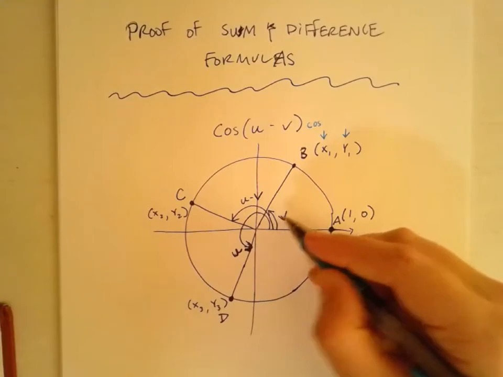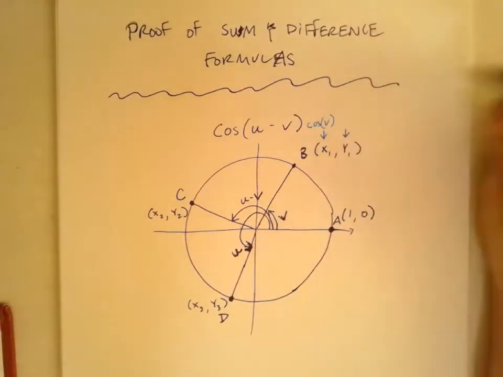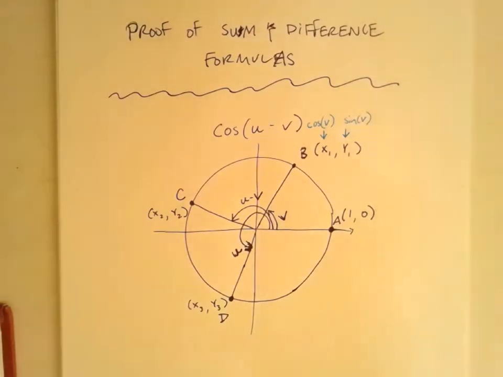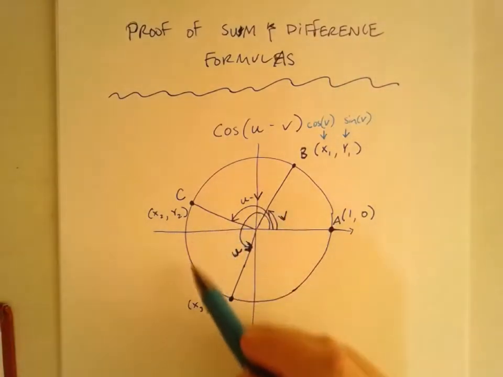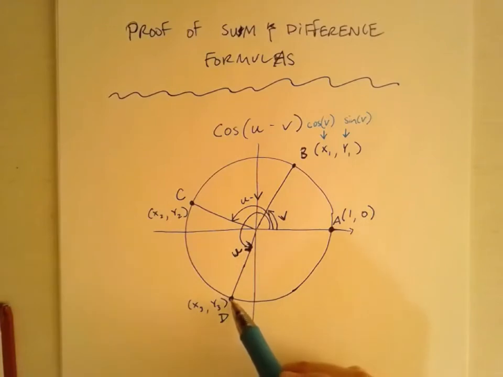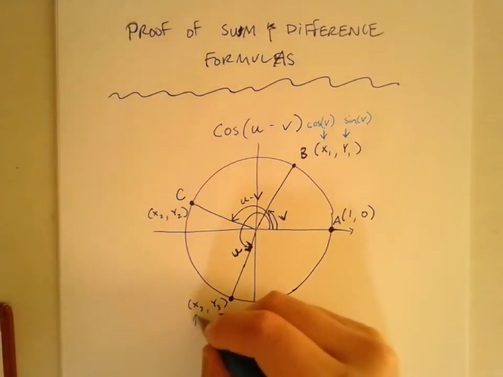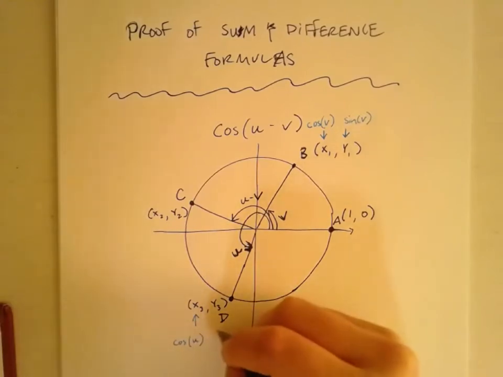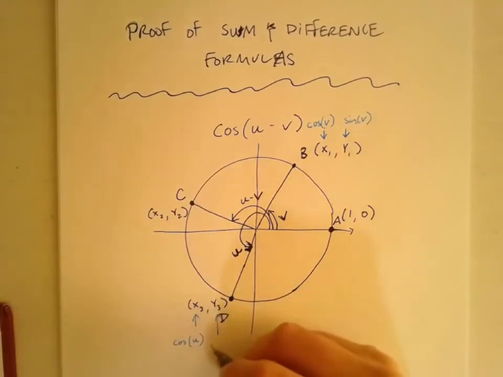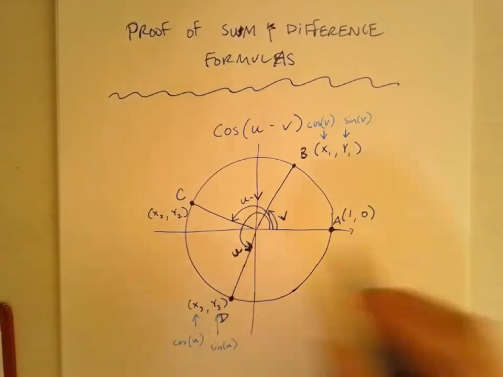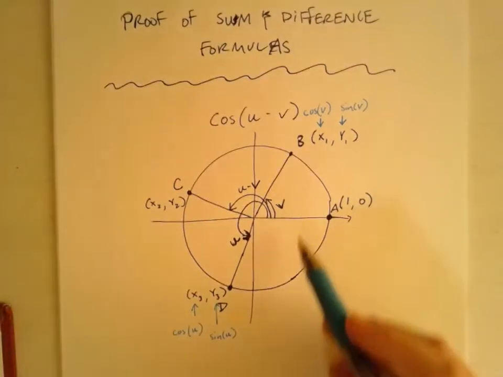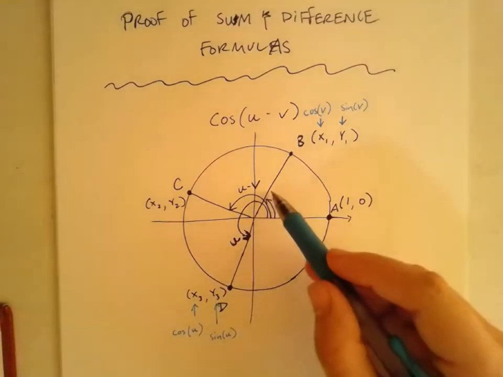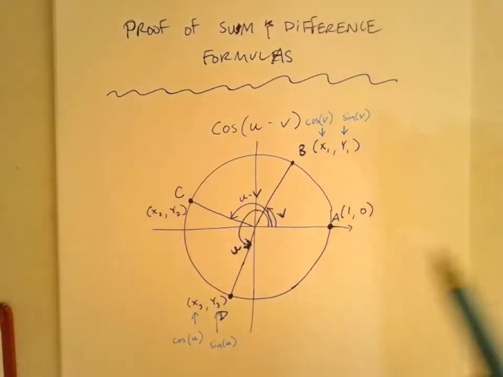This angle we called V, so this is actually cosine of V, and y1 is sine of V. And over here at U, at point D, that means x sub 3 is actually cosine of U, and sine of U is y sub 3, right? Because this angle is U, so it's cosine of U, sine of U. This angle is V, so it's cosine of V, sine of V.